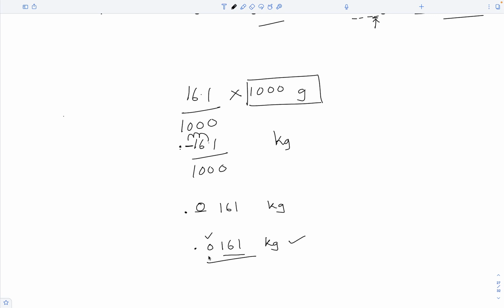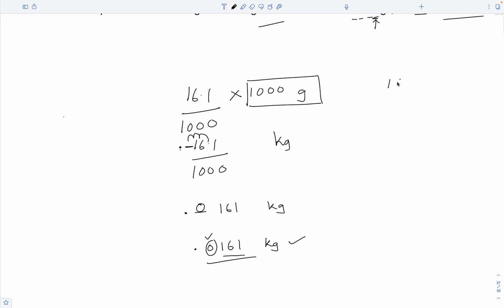Otherwise, this 0 has no significance or no purpose. Therefore, this 0 does not contribute to the precision of the measurement. So to answer our question, not every digit present in the measurement contributes to the precision of the measurement.